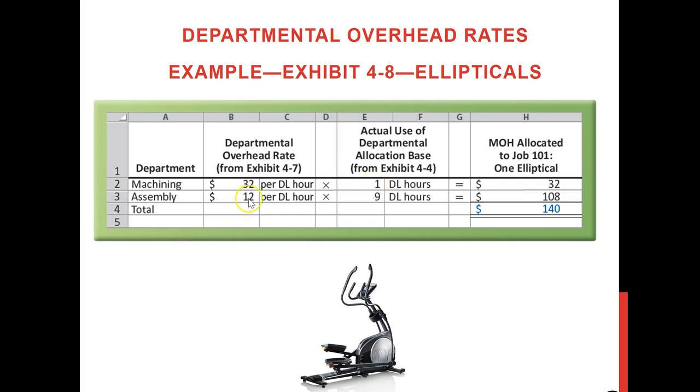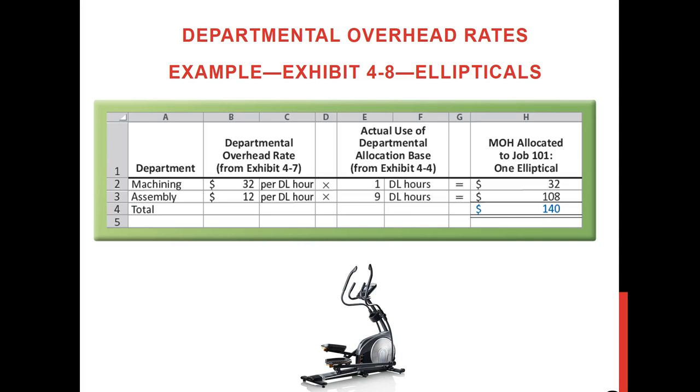And for the assembly department, the rate is $12 and it takes 9 hours, and the total overhead cost for the assembly department is $108. So if we add these, we will figure out that the allocated overhead cost for 1 elliptical is $140.